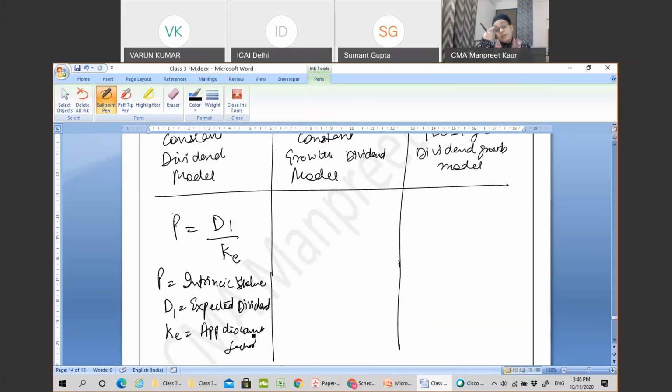This is the dividend discount model, theoretically; you can have a look. Next, if it is a growth, then P is equal to D1 upon K minus g.